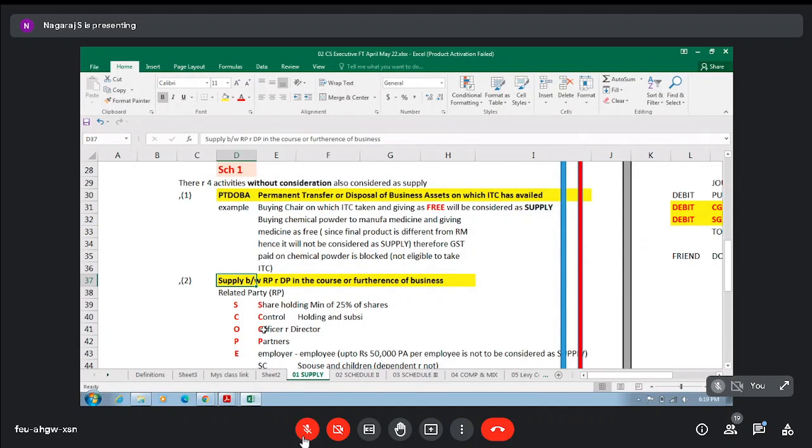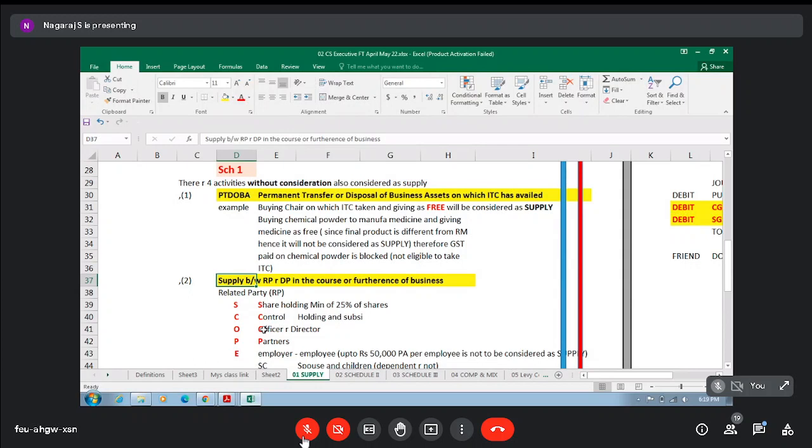If you are running a provision store and your spouse comes, takes 10 kgs of sugar daily, will you charge the same price, or will you give it free? Free, sir. That means it is without consideration, right? Yes. Is your spouse a related party? Yes. Now we need to understand who all come under related party.